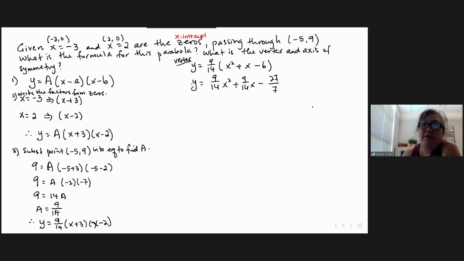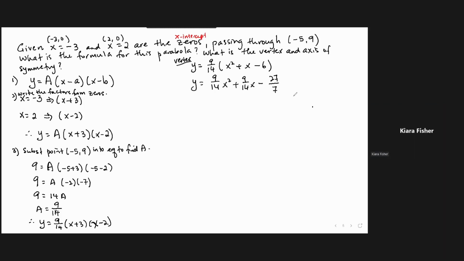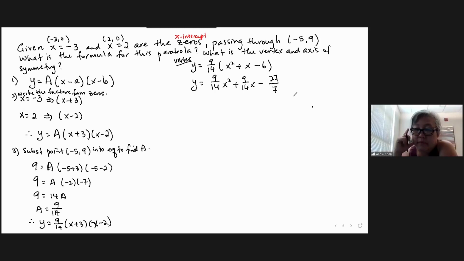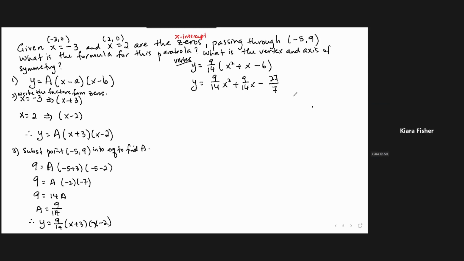Okay, so if you're given an equation like this and you need the vertex, what do you need to do? Wouldn't we find the perfect square? Isn't it, you take 9/14, half it, and then square it?